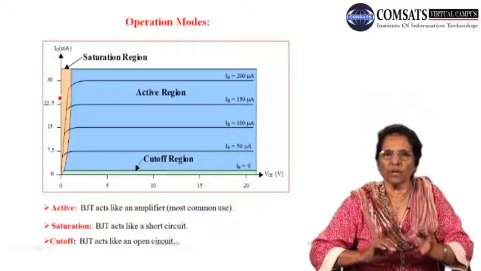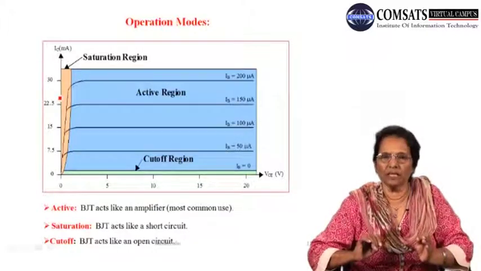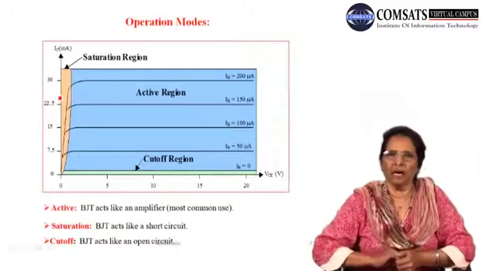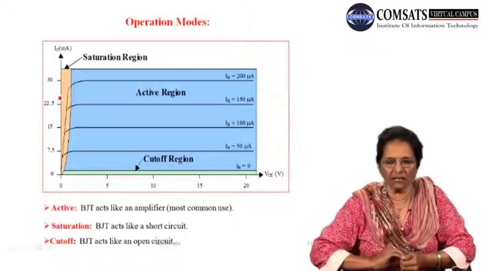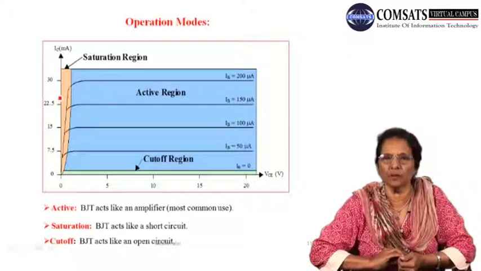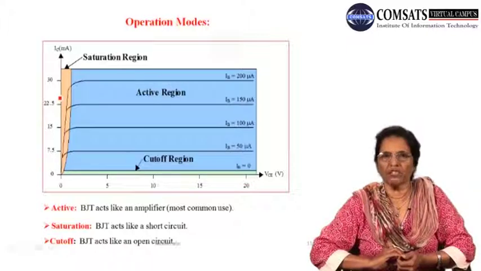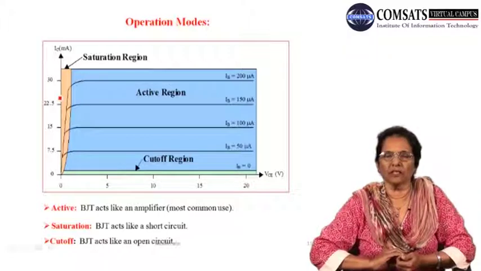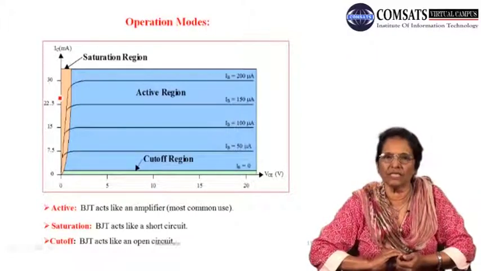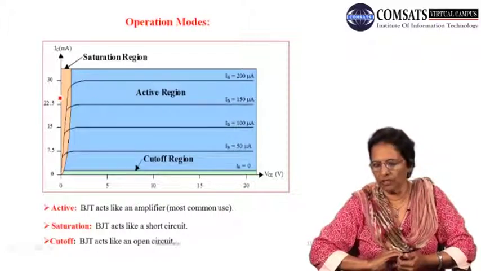So when we plot the output current IC obtained from the terminal of the collector against the output voltage between base and collector, in this case I have taken an example of a common emitter biasing configuration, and thus I have plotted the current IC and the voltage VCE.